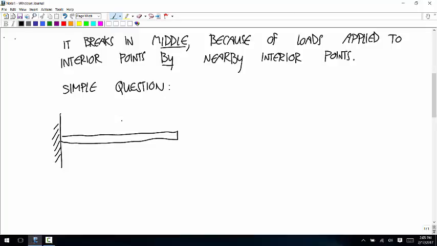And let's say this is 1/2 meter and this is 1/2 meter. And let's say that we're applying a 1,000 Newton force here, where this is a 45-degree angle.